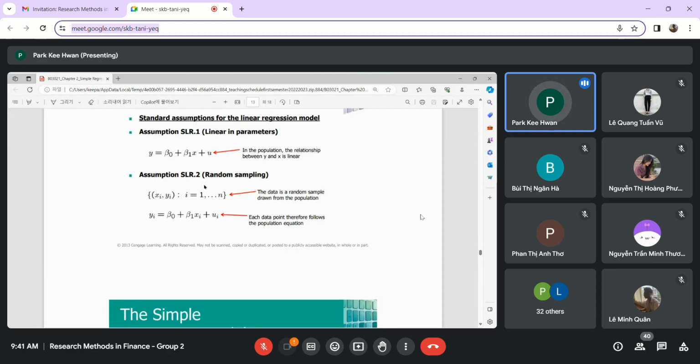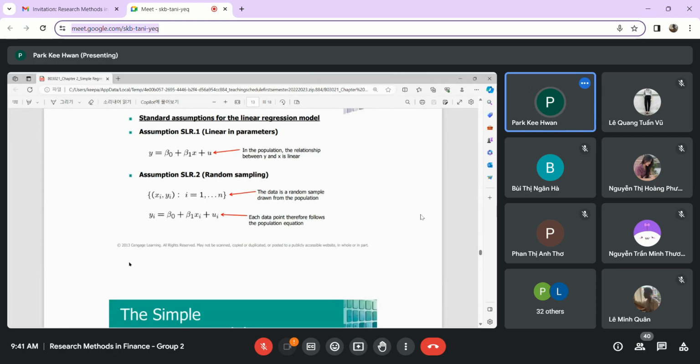The second assumption is that we draw a sample at random. When you want to estimate, you have to draw a sample at random. So the second assumption is random sampling.